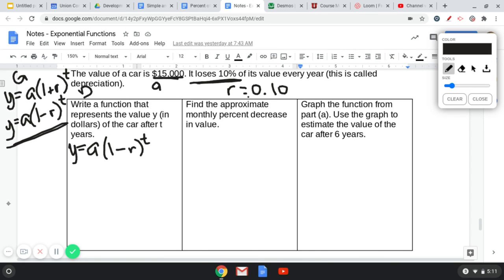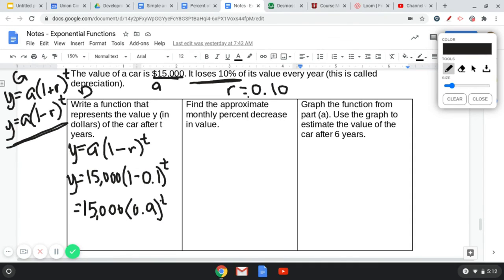So now we just need to plug these into our equation. So we end up with y equals 15,000 times 1 minus 0.1 to the t, which we can write as 15,000 times 0.9 to the t. This is an equation that we can use to model the situation.